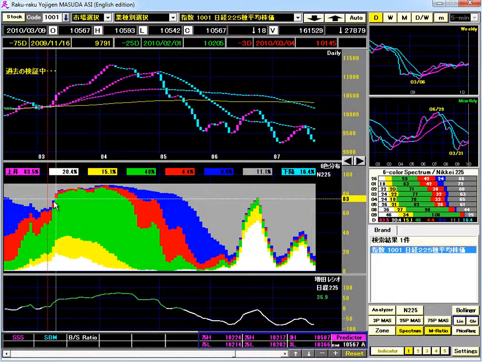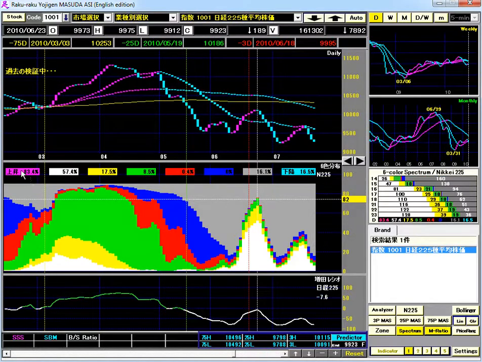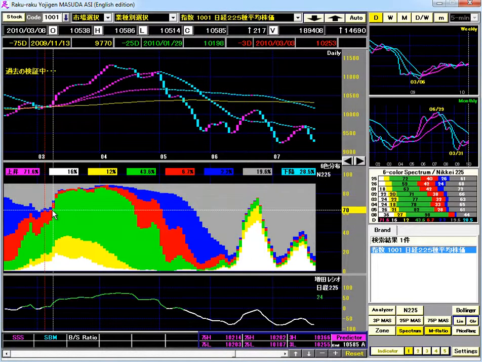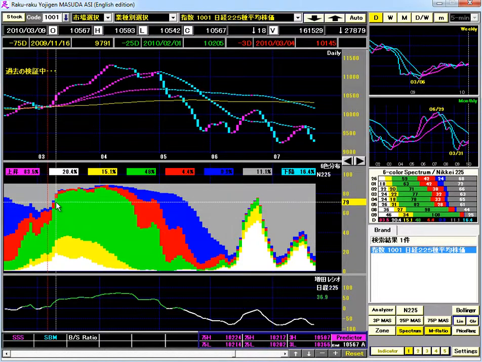So just to remind you, even though we had the same amount of overall uptrending stocks, 83.5% versus the 83.4% here, the composition is completely different. If you look at the white, the yellow and the green, 57.4, 17.5, 8.5 versus the point in time here, 20.4 versus 15.1, 48% being for the green.